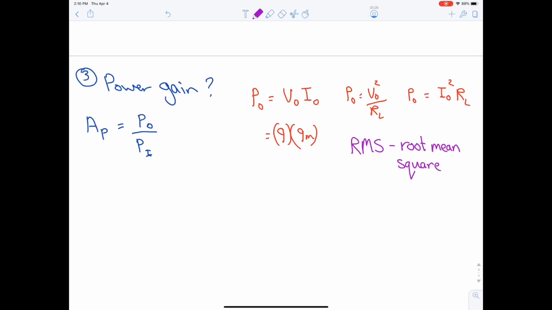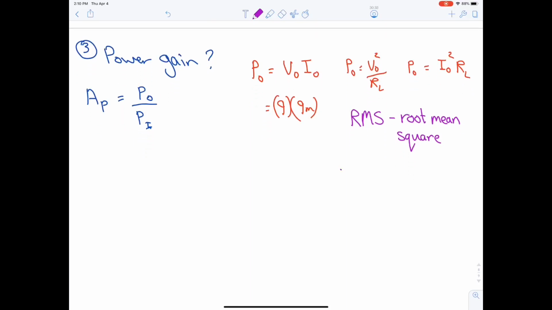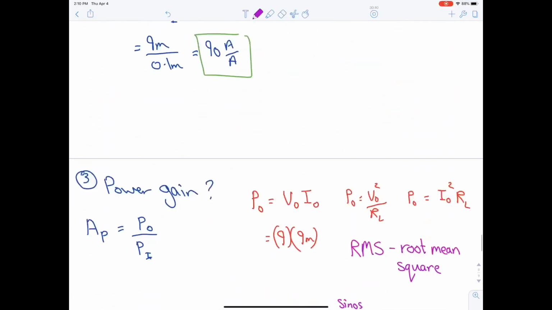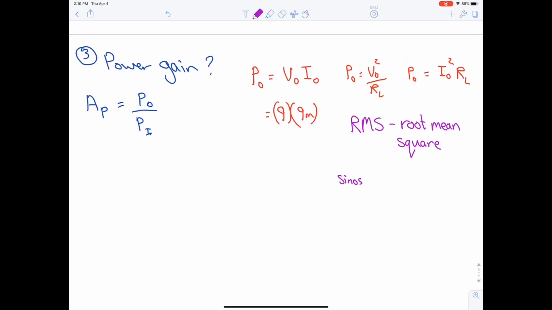How do we compute the RMS? Now RMS depends on the type of the signal. If my signal is sinusoidal, then the RMS is equal to the V peak divided by root 2.